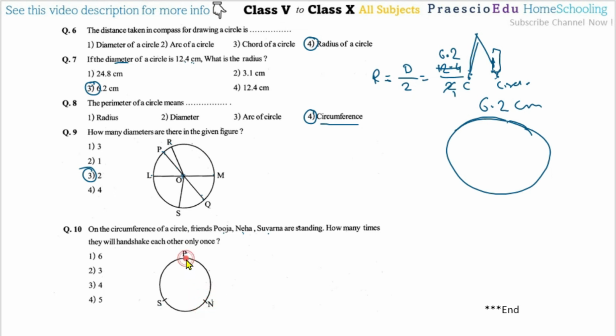Neha, N, shakes hands with P and with S, so these are two times. And S shakes hands with this one and this one. So they are making handshakes with each other, and there are 3 points. Lining from this one, this is one shake, this is another shake, and this is another shake, so 1, 2 and 3.